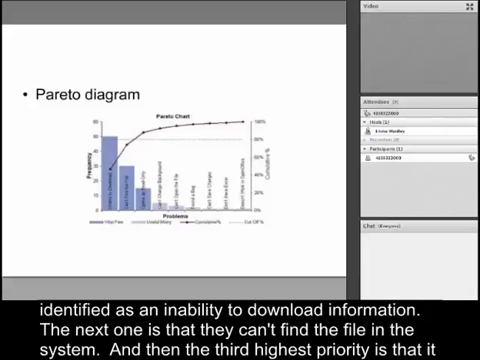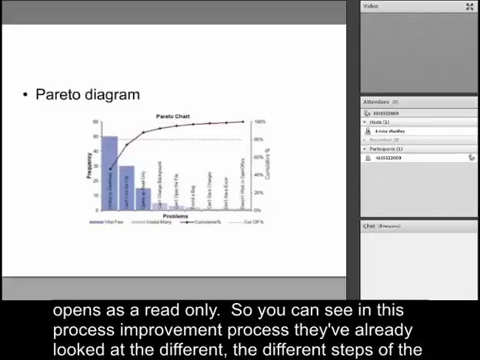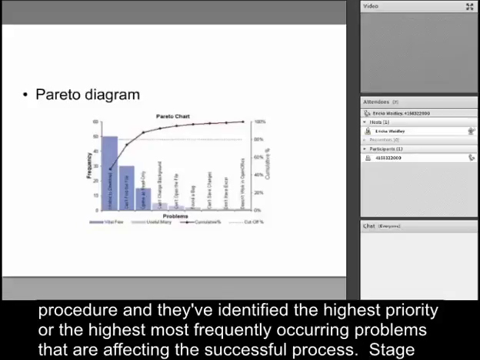And then the third highest priority is that it opens as a read-only. So you can see in this process improvement process, they've already looked at the different steps of the procedure, and they've identified the highest priority or the highest, most frequently occurring problems that are affecting the successful process.